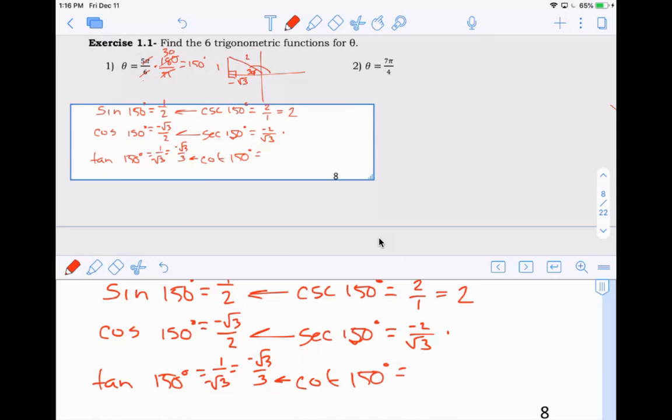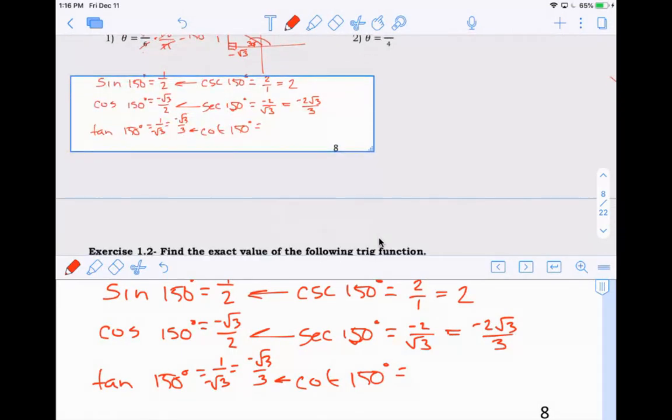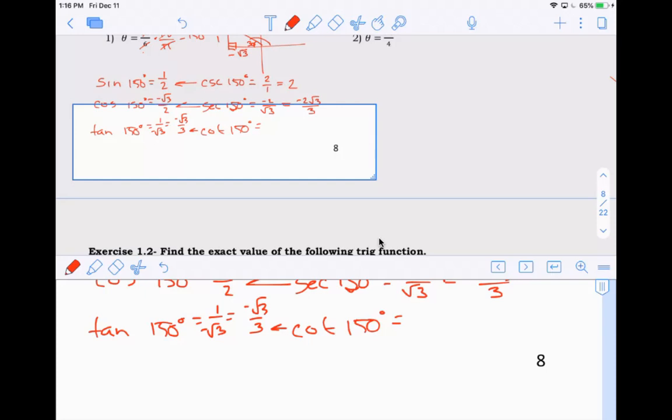Now, granted, that needs to be rationalized, negative 2 root 3 over 3, but it is still just the inverse. For the cotangent, same idea. I'm going to take this unrationalized version and flip it, because then I don't have to double rationalize. I just have it on the top now. And so I have negative root 3. That's all you need to do to find those trigonometric inverses.